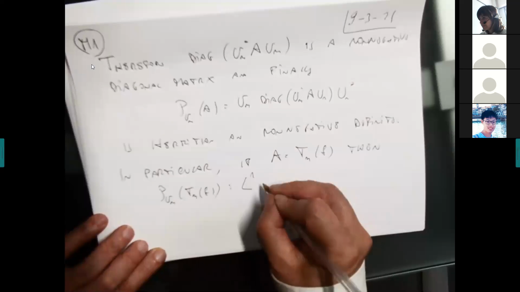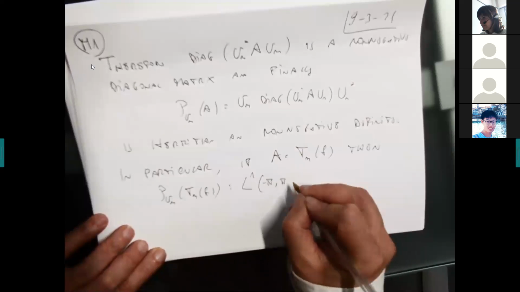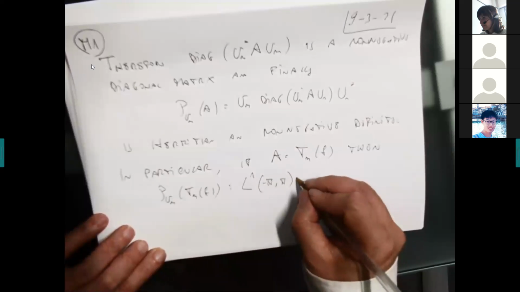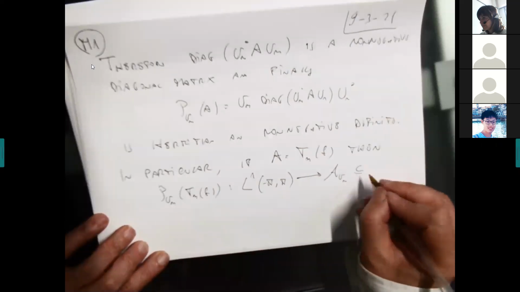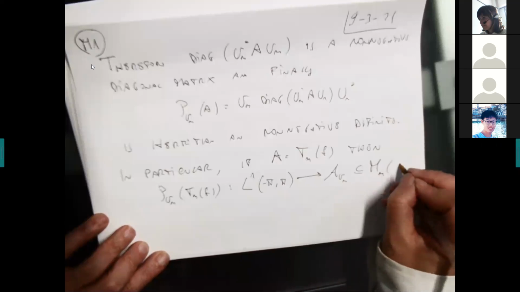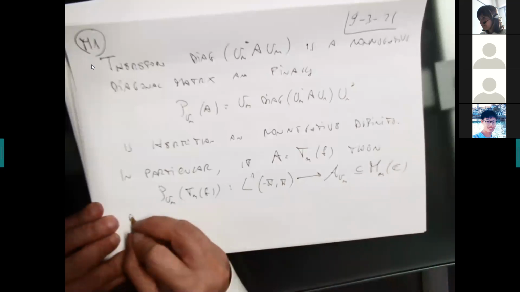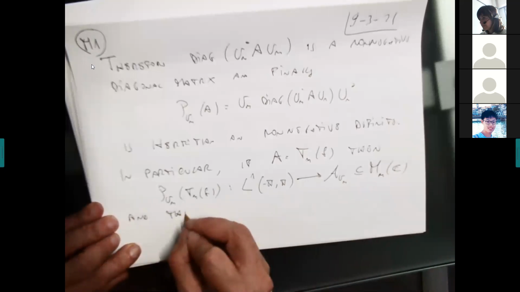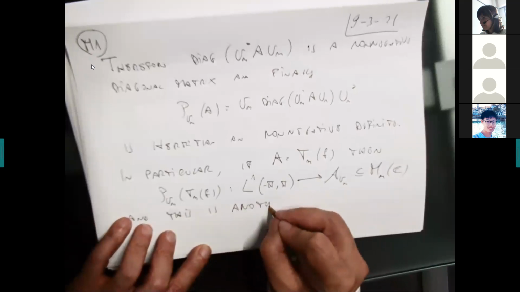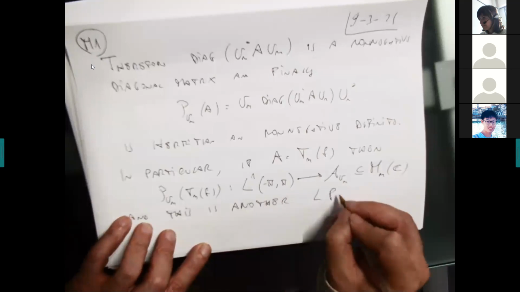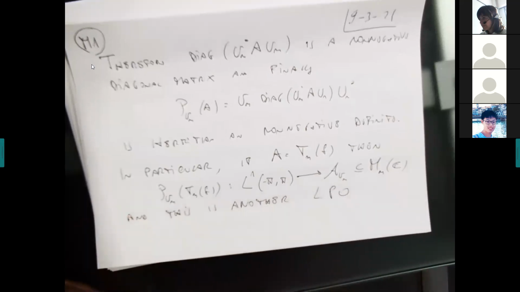So you can define this from L1 of minus pi, pi into the algebra A_UN, a subset of M_n(C), and this is another LPO, linear positive operator.